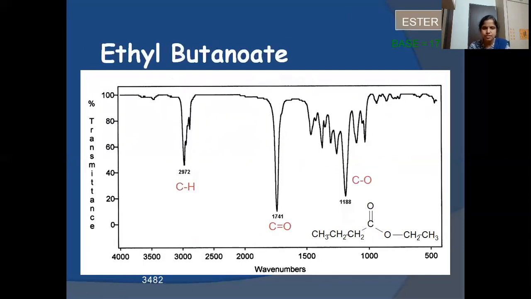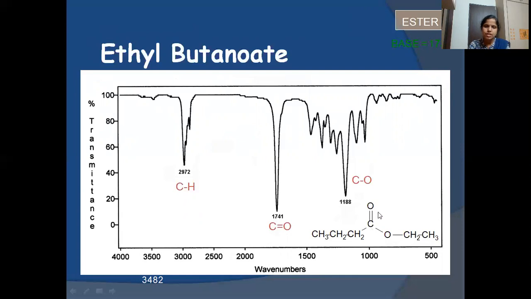Then this is the ester functional group, ethyl butanoate. Now how to identify whether it is an ester or not? One more band you have to observe for an ester apart from C=O. It has C=O as well as the C-O group.